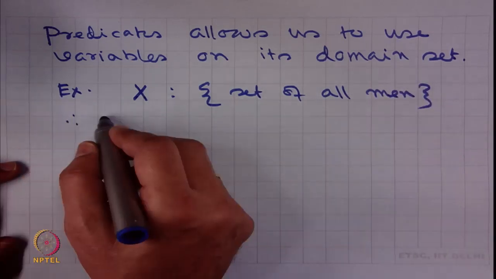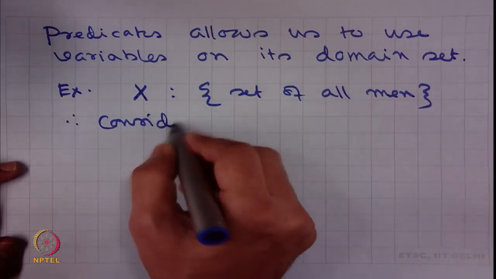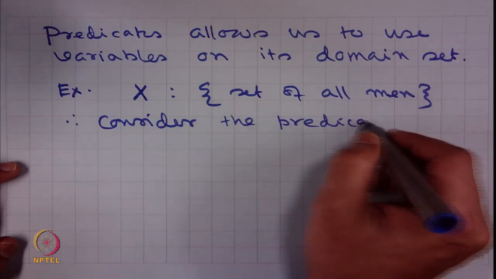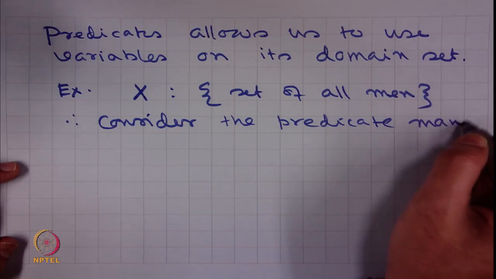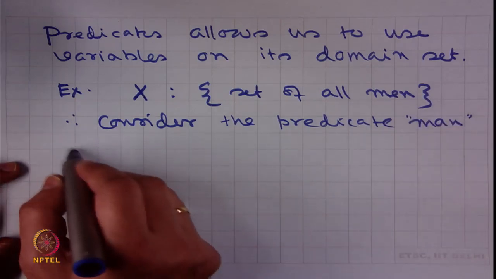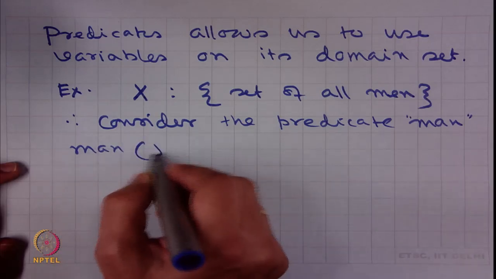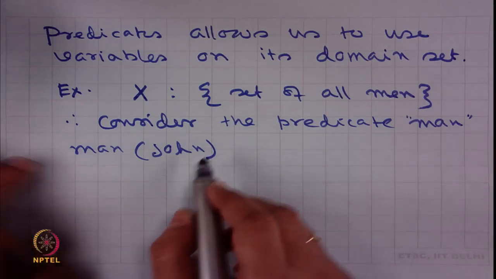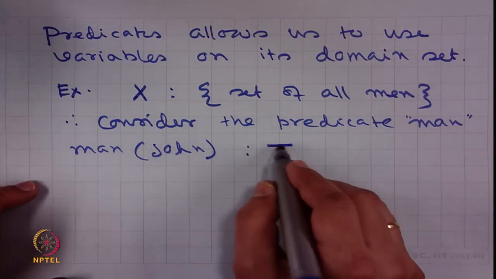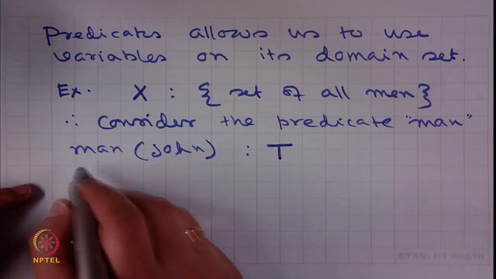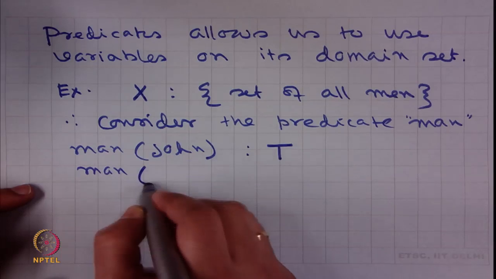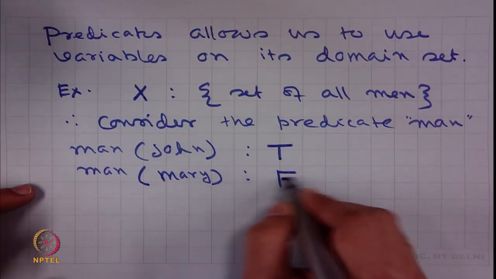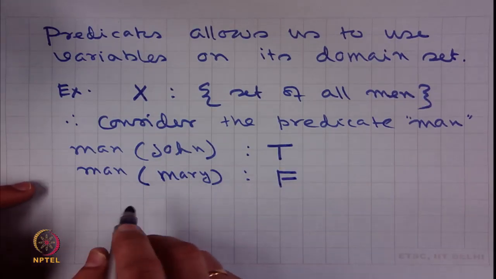Therefore, consider the predicate man. So, when we say man John, that is, we want to state that John is a man, it is true. If we say man Mary, then it becomes false, because Mary is not a man.